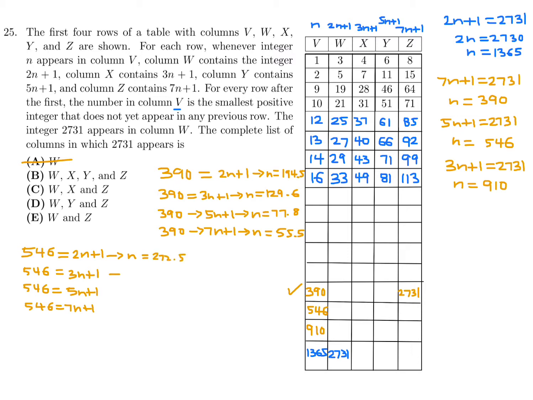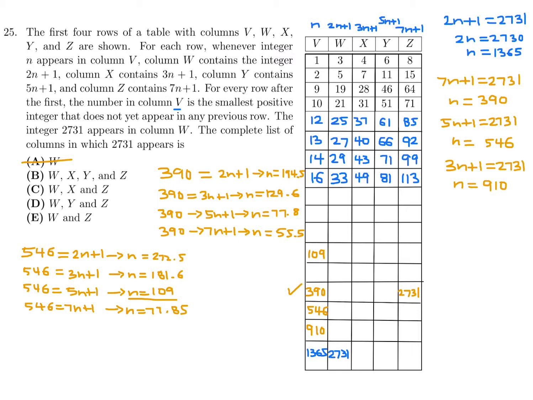So if I do the math here, n is equal to 272.5. This gives me n is equal to 181.6. This gives me n is equal to 109, exactly, an integer, great. And this is 77.85. Okay, so all of these didn't work except this one right here. So 109 is my potential.